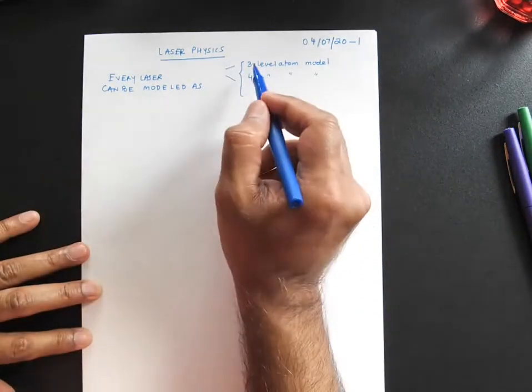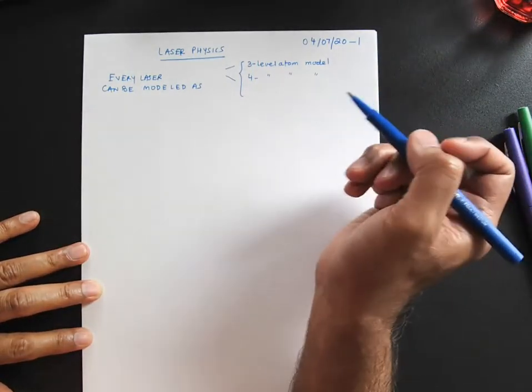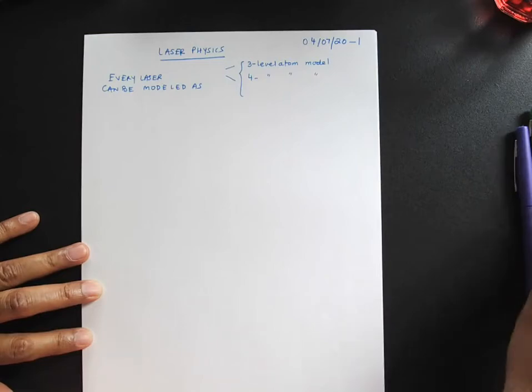And you'll notice that there is no two-level, because it turns out that the two-level atom is the simplest atom. So I'm going to write that down here.